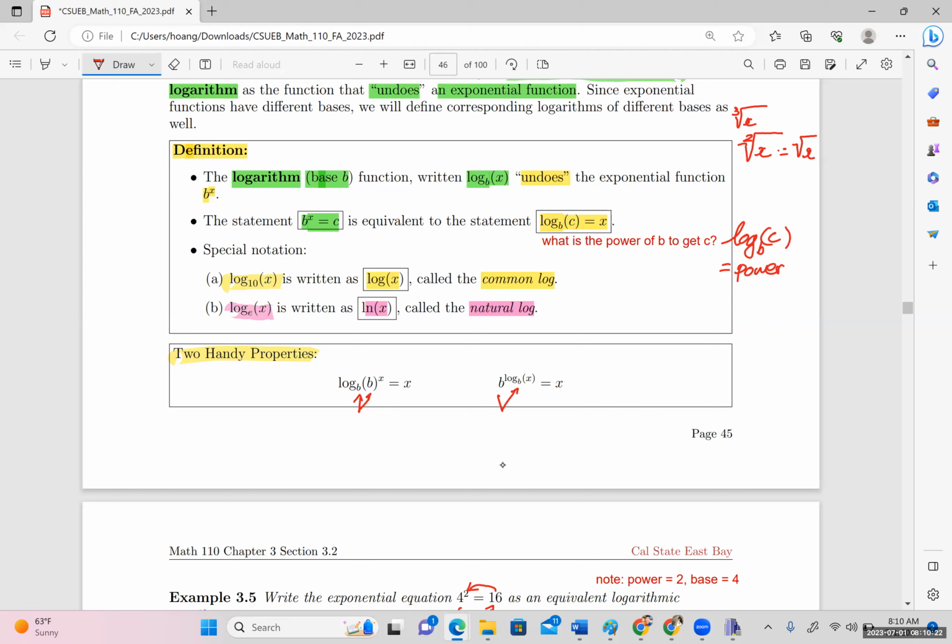So you are left with just the argument, which is x. Keep in mind these two handy properties. We're going to use them a lot to make solving exponential or log functions quicker.